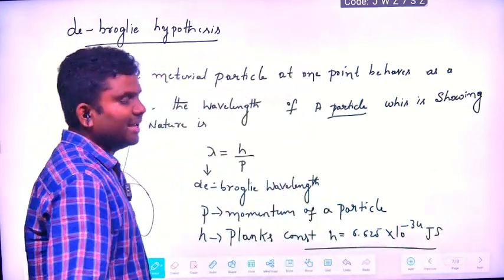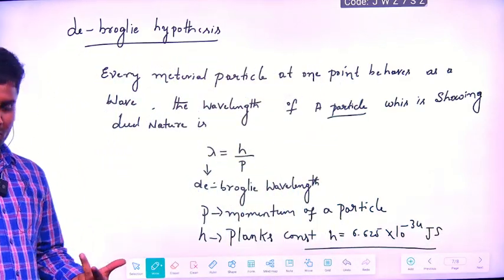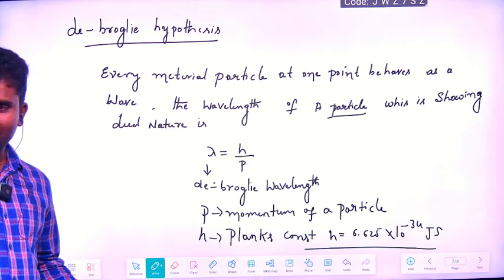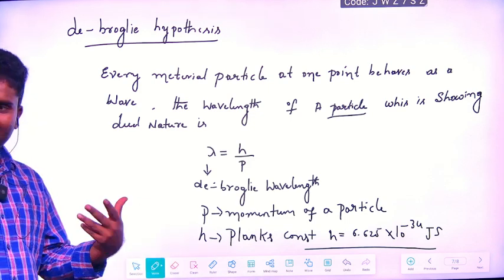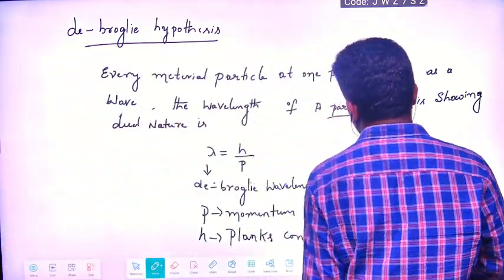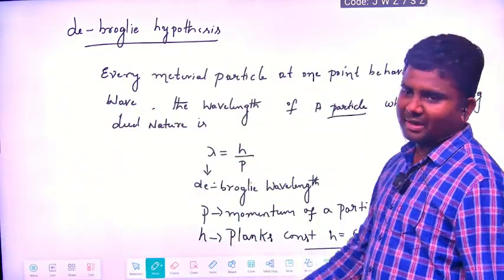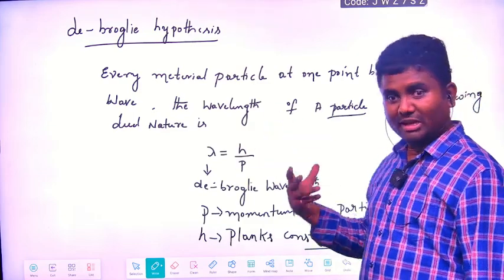Because of this small energy per second, the particle looks like a wave. The particle nature is like a wave nature, and wave nature is like a particle nature. A material particle will behave as a particle as well as a wave. The dual nature is there.